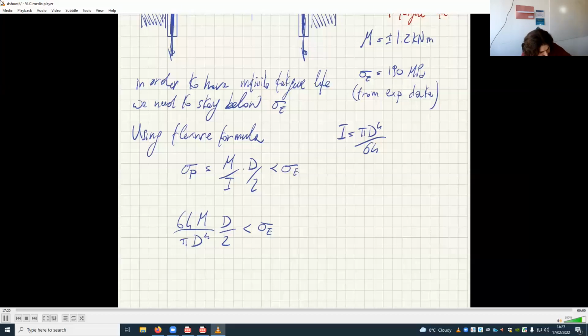And so this d and d can go away. This becomes d cubed. And this 64 and 2 can go away. This becomes 32.